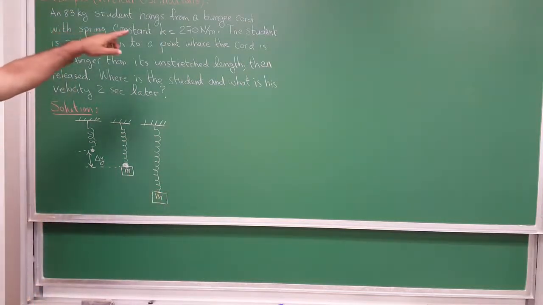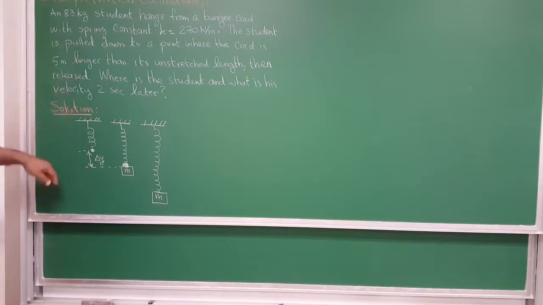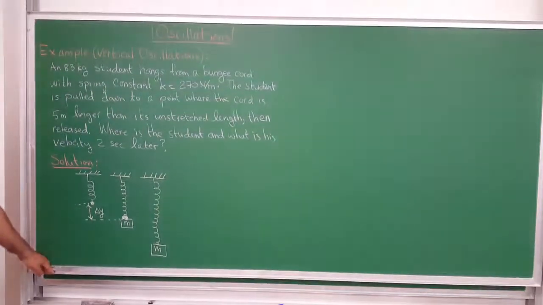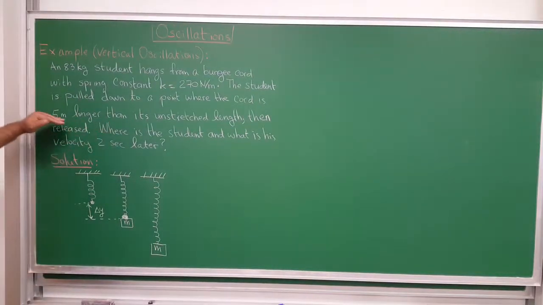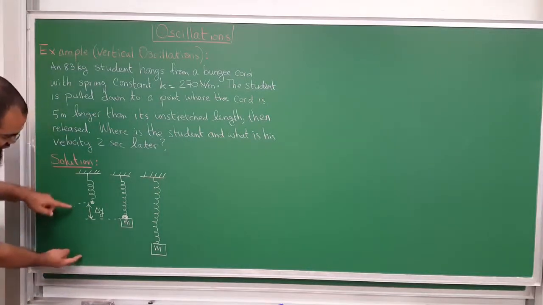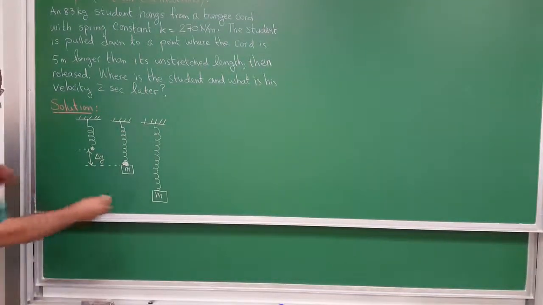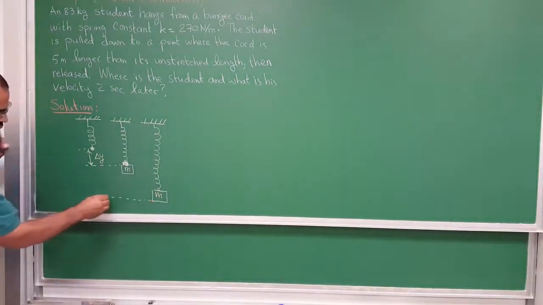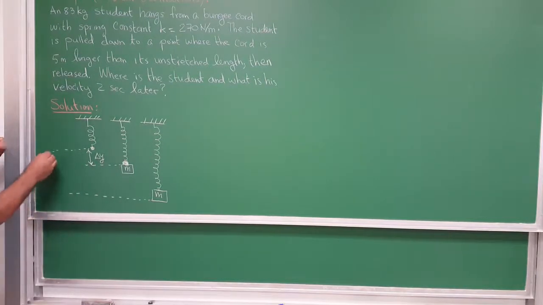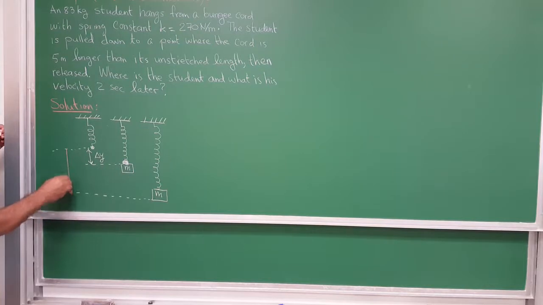The 83 kilogram student hangs from a bungee cord with a force constant of 270 newtons per meter, and is pulled down to a point where the cord is 5 meters longer than its unstretched length. So this is the unstretched cord, and the student is here. So this is 5 meters.